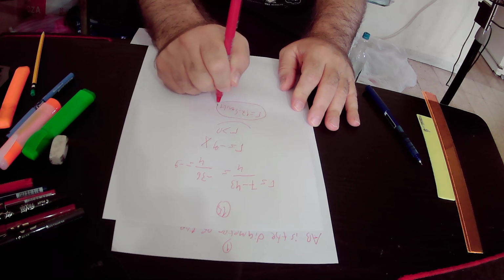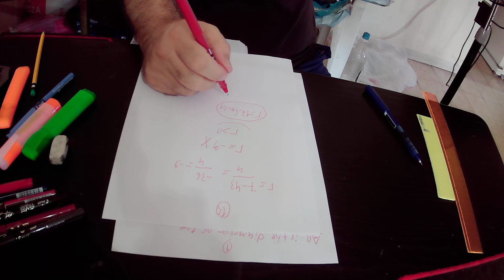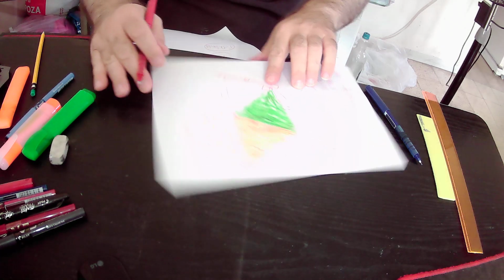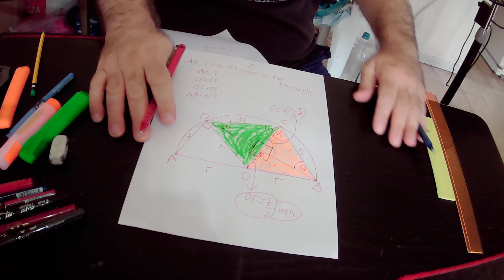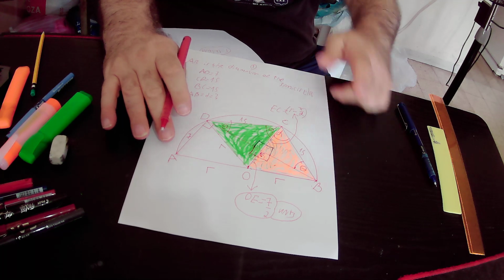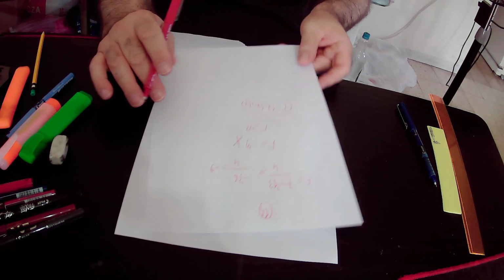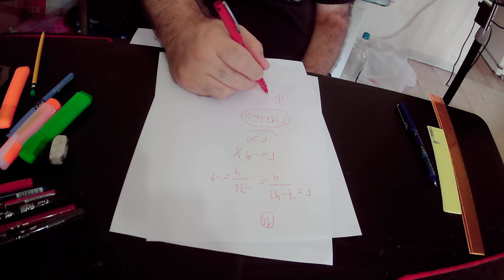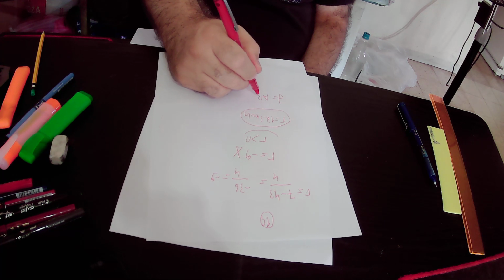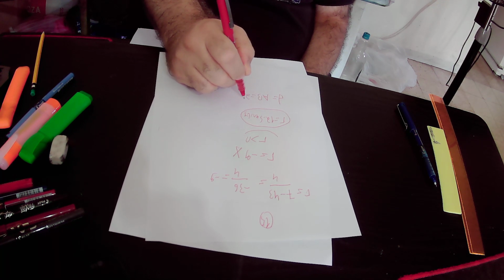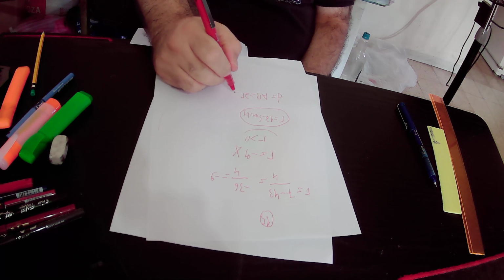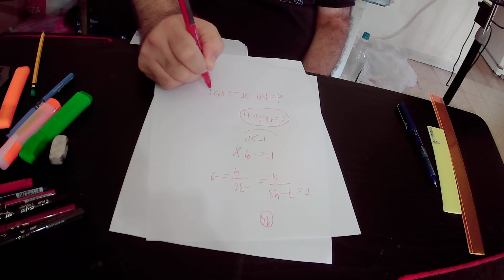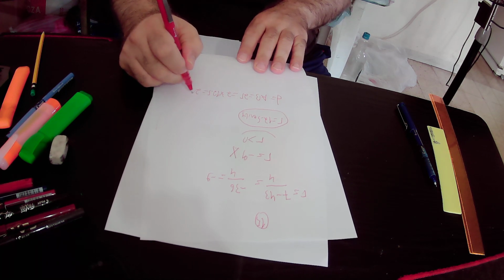And the diameter of the semicircle is actually AB, that equals 2r. So the diameter of the semicircle, D is the diameter, equals AB, that is also 2r, 2 times the radius of the semicircle, so it equals 2 times 12.5 units, which is 25.